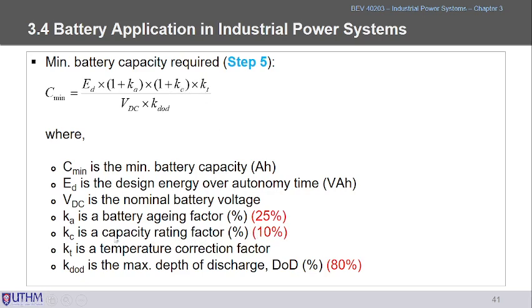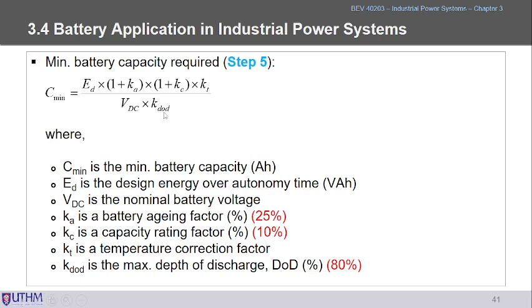And Kt is the temperature correction factor, as I told you just now. If we place our battery in a hotter area, let's say 35 degrees Celsius or 40 degrees Celsius, we have to make sure we key in the correct temperature correction factor here. Okay, we have tables for this, and VDC is the nominal battery voltage.